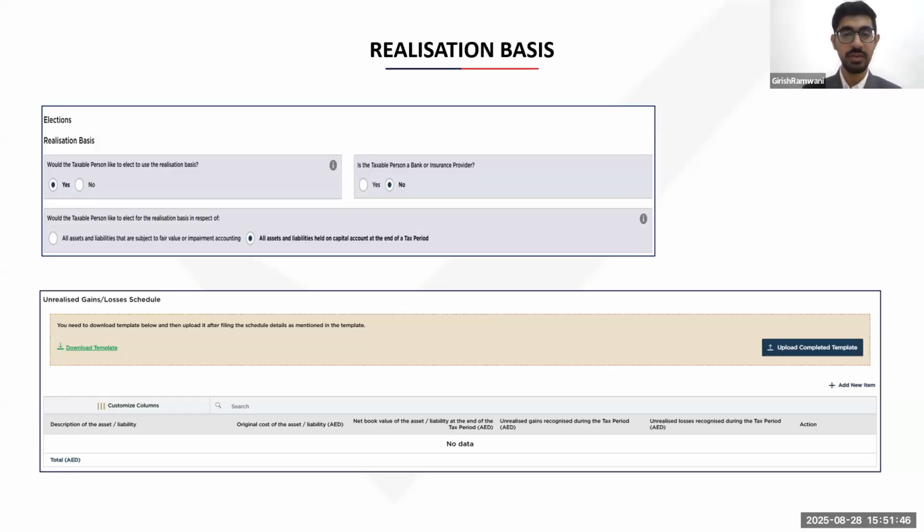Based on this, there will be an automatic adjustment wherein the unrealized gains or losses will be disallowed or removed from the taxable income, based on whatever election option you have chosen and the schedule that you fill in over here. So just selecting the option is not enough. You also have to fill this schedule if you had any unrealized gains or losses during the period.